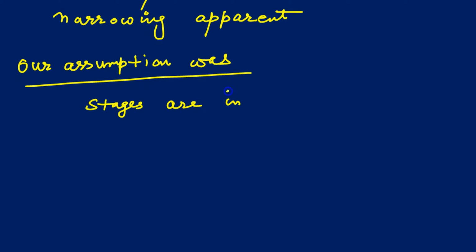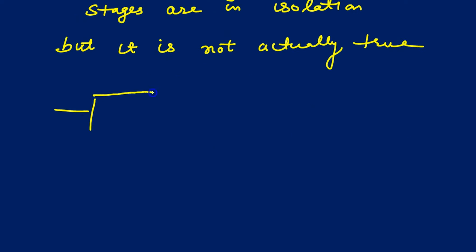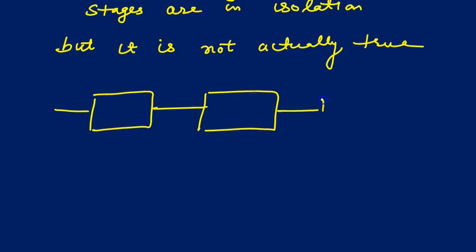Now our assumption was that stages are isolated and have the same value of F2 and F1, but it never happens like this, because that was under the condition that input impedance is very high and output impedance is low.